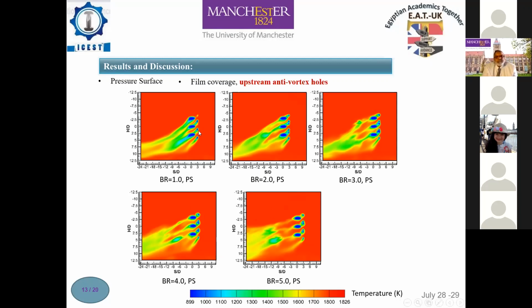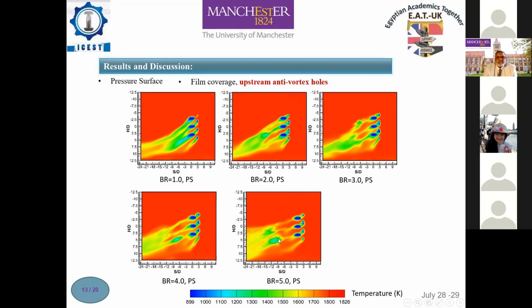For the upstream anti-vortex holes case, as shown in this figure, the exit of the side holes is placed upstream of the main hole. With the rising of the blowing ratio, this case seems to indicate jet lift-off and reattachment. At blowing ratio equal to 5, it shows a more monotonic decay in film coverage.